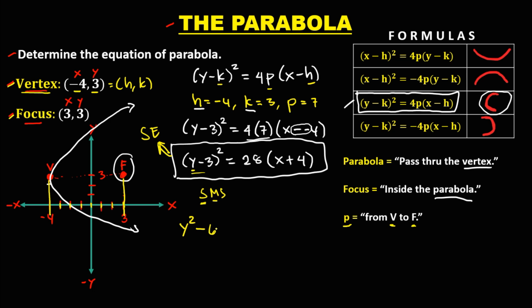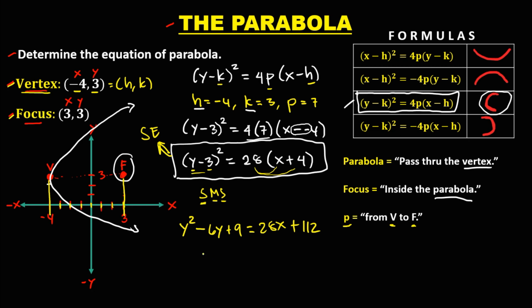This is 6y, then plus the square of the second term, the square of 3, that's 9, then equals, so this one you distribute, so 28 times x, this is 28x, then 28 times positive 4, so plus 112.